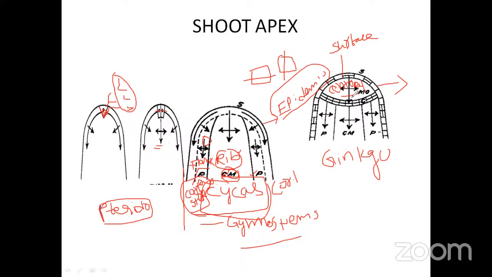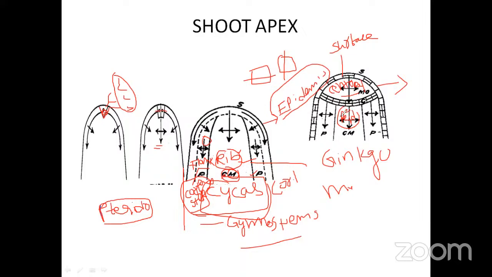Anyway, let's see one by one the rib division and flank division in this. Where is the rib meristem? Always the central portion. The cells are arranged in rows and form the pith of the stem. Like cycas, here also the rib meristem forms the medulla.